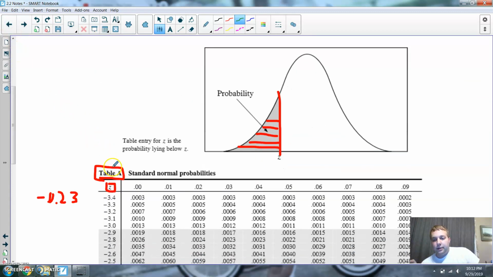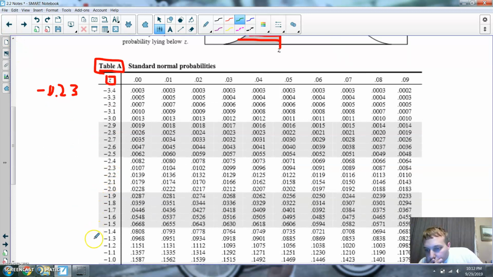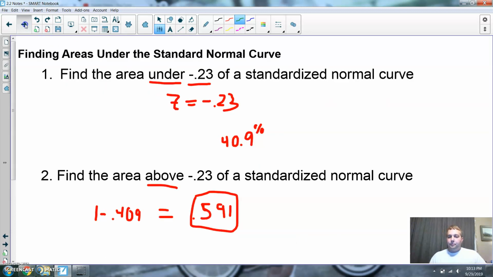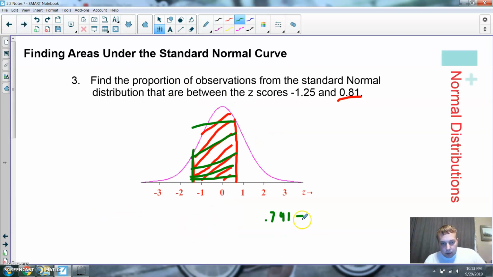So I'm going to go to my negatives. Negative 1.2 is right here. And then 5 is right here. All right, right there. So there's 0.1056, 10.56%.